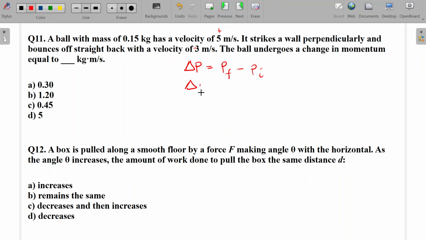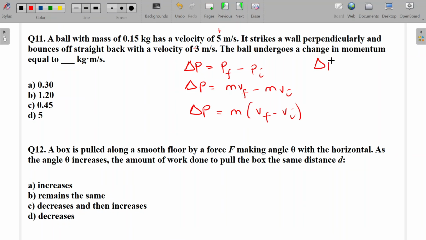Okay, so change in momentum is equal to mv final minus mv initial. Since it's the same object, change in momentum is equal to m times (v final minus v initial).